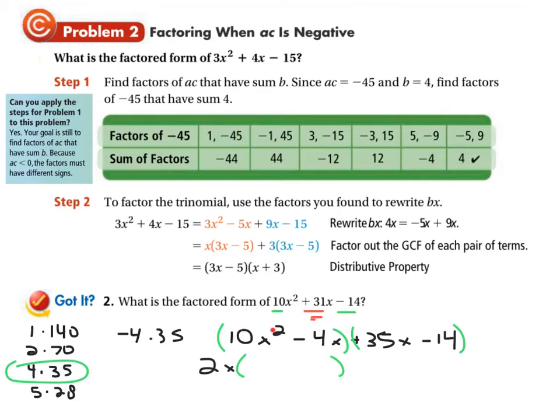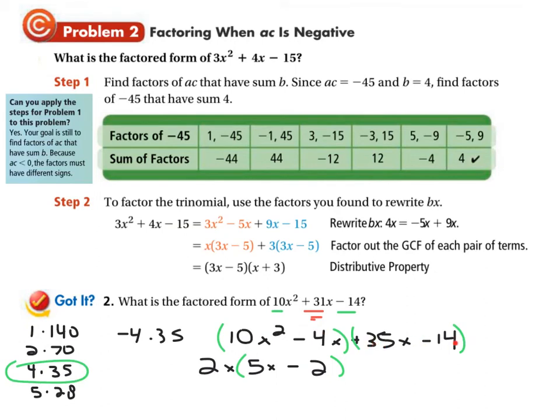If we divide this by 2x, we get 5x. And if we divide this by 2x, negative 4 divided by 2 is negative 2, and x divided by x is just 1, so negative 2. You can always verify it by saying, does this times this give me that? Yep, it does.